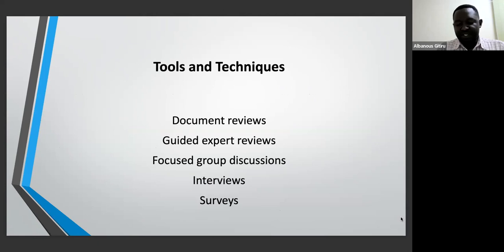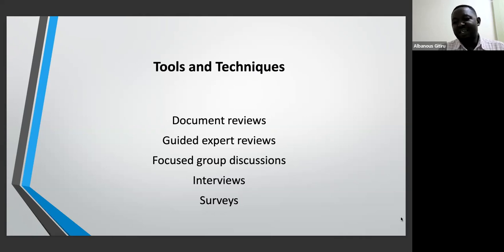So these are the tools and techniques that we use when we do needs assessment. So first, we gather information by doing document review. This is more like desk research. What is out there in the books, in previously done research? You can be able to get your concepts. You can develop your conceptual framework from reviewing the documents.